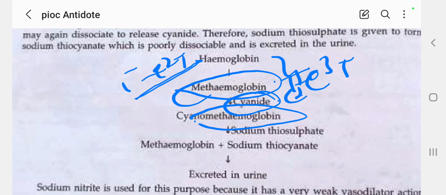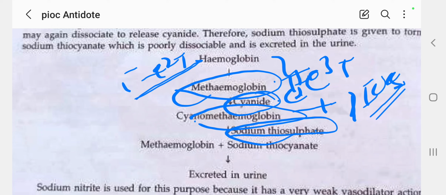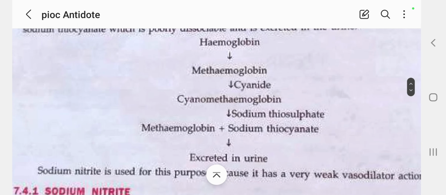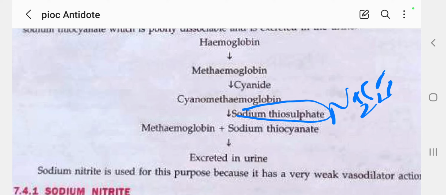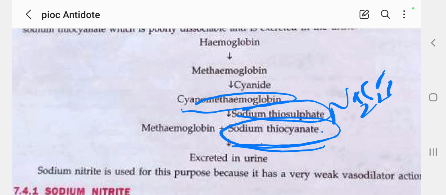Next, this cyanomethemoglobin reacts with our pharmaceutical inorganic substance. What is the pharmaceutical for the treatment of cyanide poisoning? Sodium thiosulfate. What is its formula? Na2S2O3. Sodium thiosulfate converts cyanomethemoglobin to sodium thiocyanate, which is excreted through the urine. So the person can be treated in these cases.